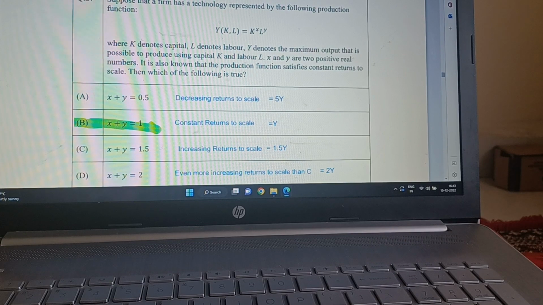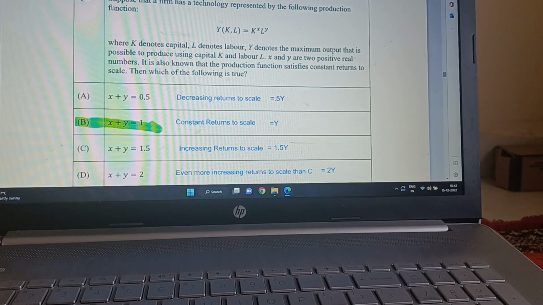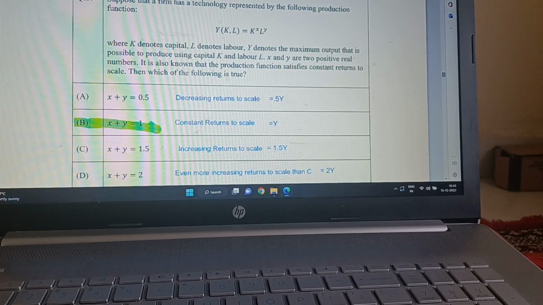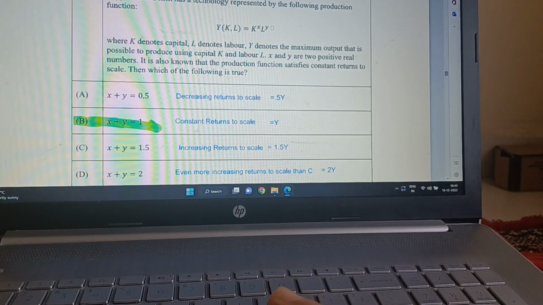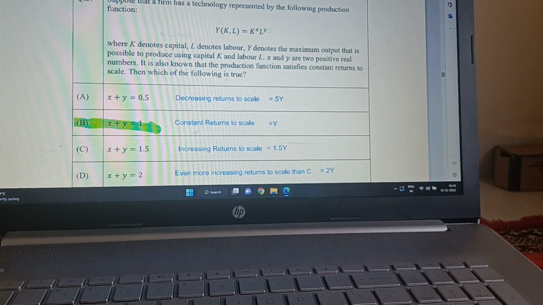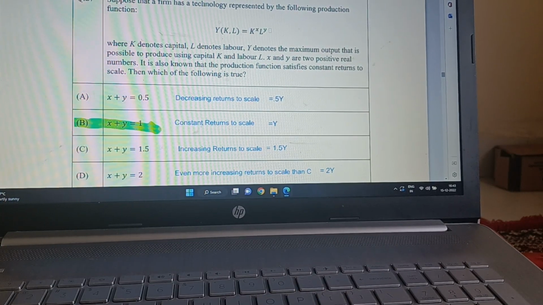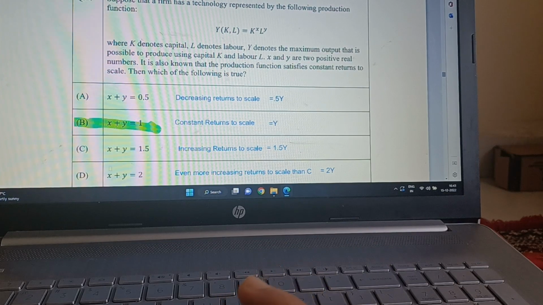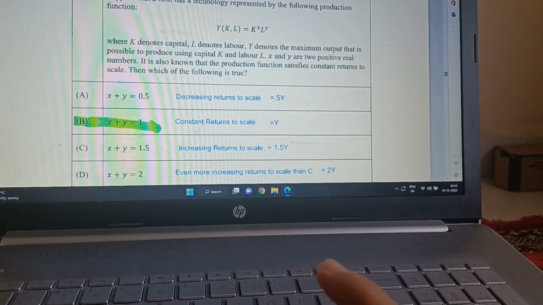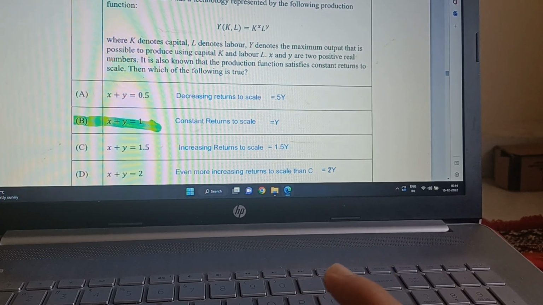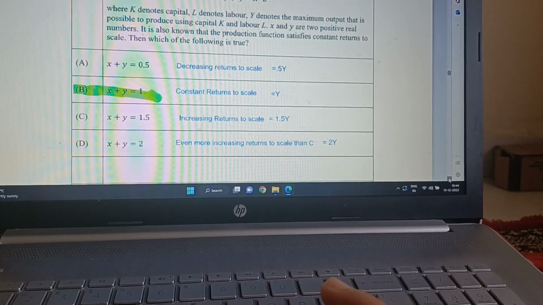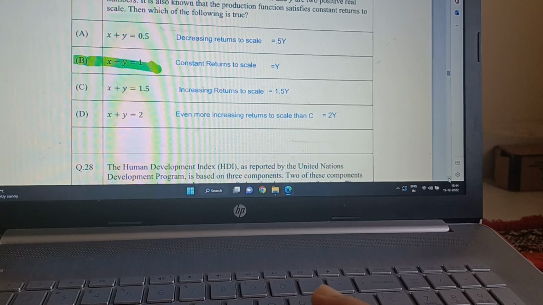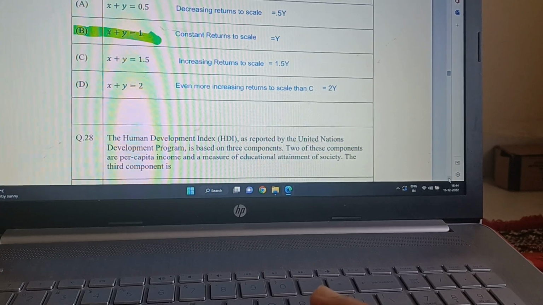Where I had the production function of K and L, y equals K to the power x, L to the power y, and here I had told you that the sum of x plus y gives how many times output will increase. Such as if x plus y was 2, the output has doubled by increasing inputs by only 100%, output had become 4 times.